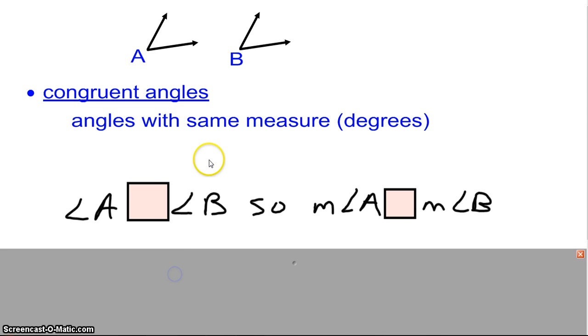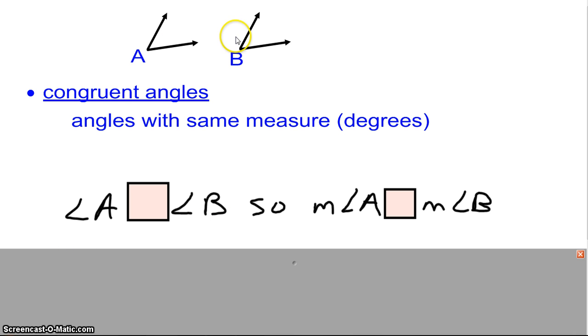Okay, so we could say two things about these angles here. We could say, what does this symbol mean, this little thing? Good, it means the angle A is congruent to angle B. Just as we said it with segments yesterday. What are these, Bailey?